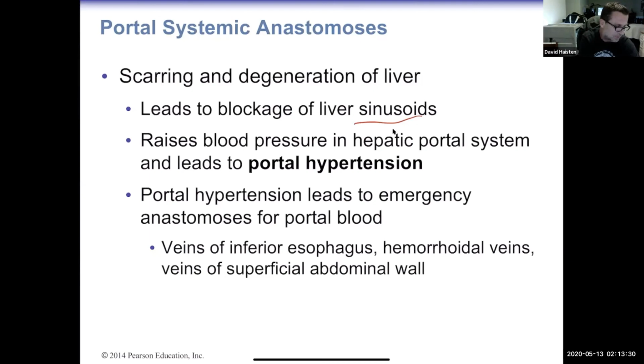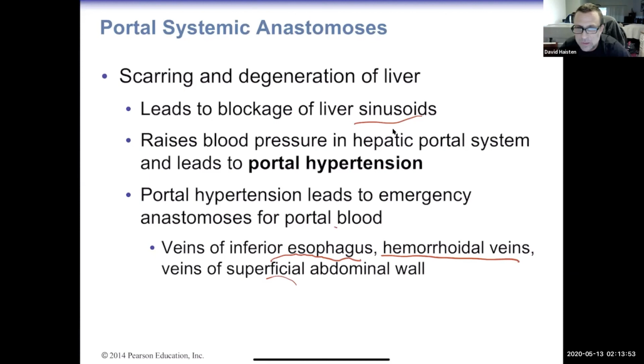So the portal blood's going to go to veins of your inferior esophagus, your hemorrhoidal veins, which are down in planet Uranus, and veins in your superficial abdominal wall.